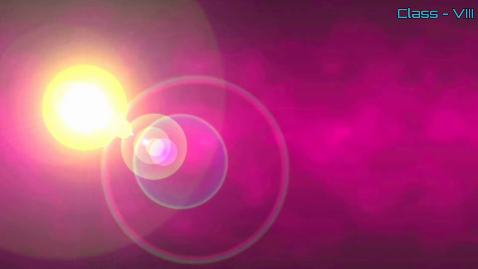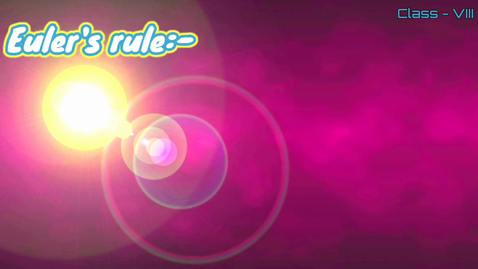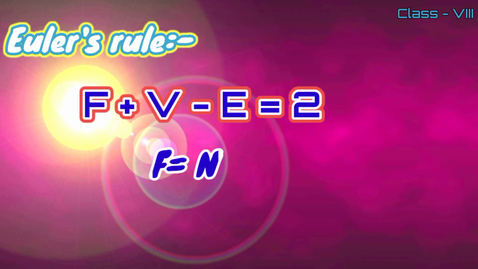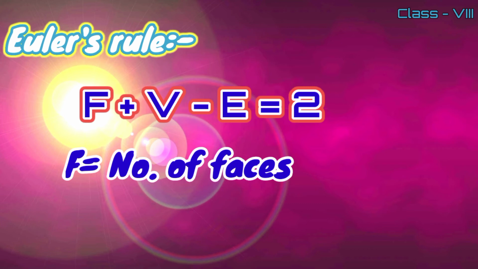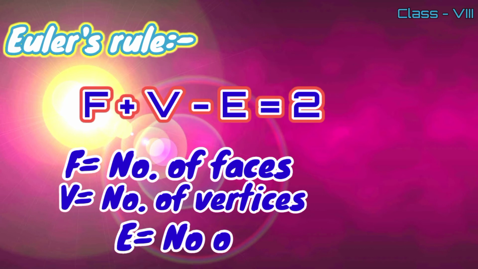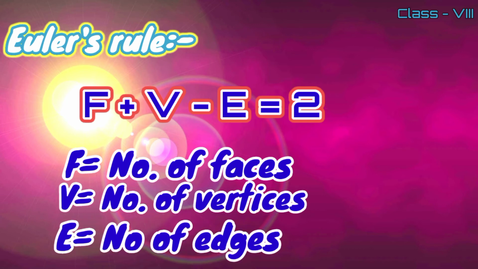Next concept is Euler's formula. So what is Euler's formula? Euler's formula is F plus V minus E equals 2, where F equals number of faces, V equals number of vertices, and E equals number of edges.